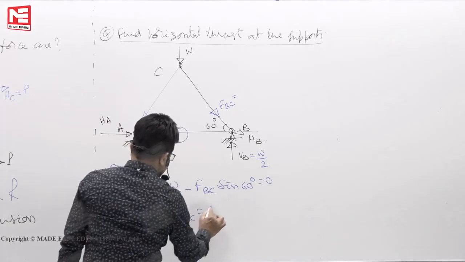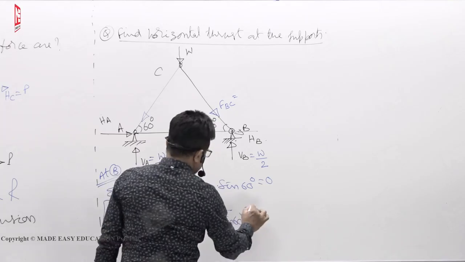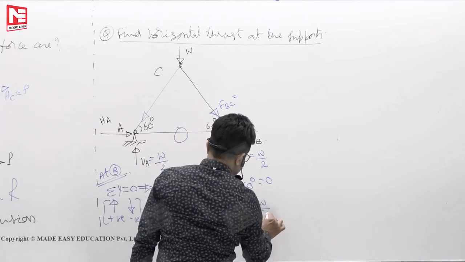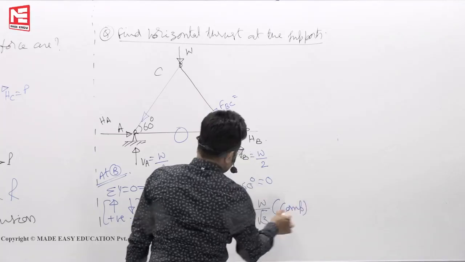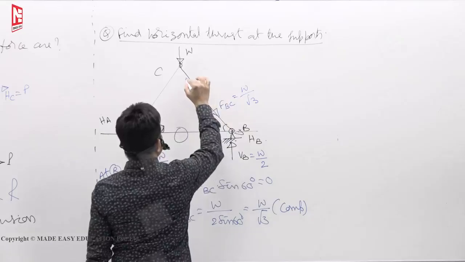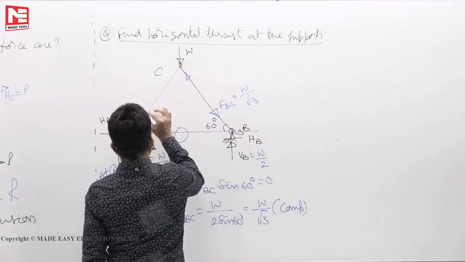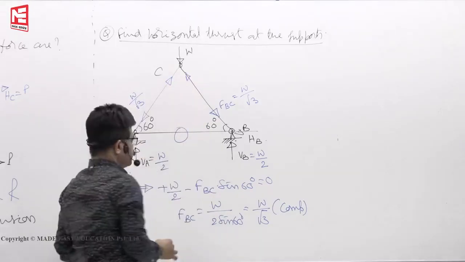So FBC you will get W by 2 sin 60, that means W by root 3, compression, because the arrow is towards the joint. So this is W by root 3. If the arrow is towards the joint, here it should be towards as well. Because of symmetry, this also must be the same, W by root 3.